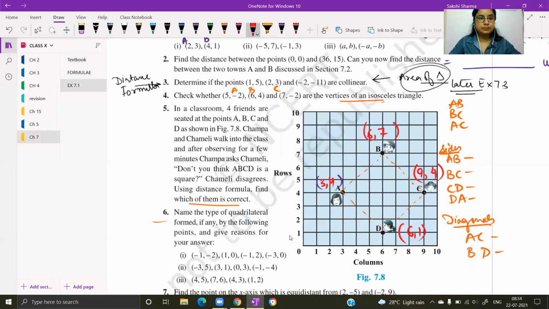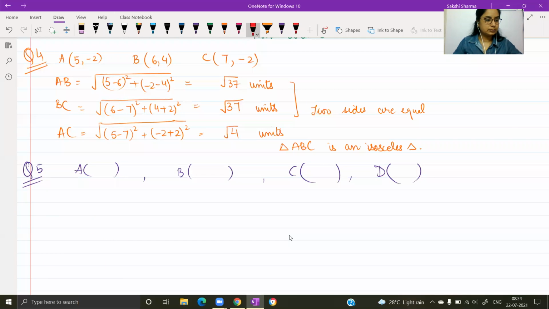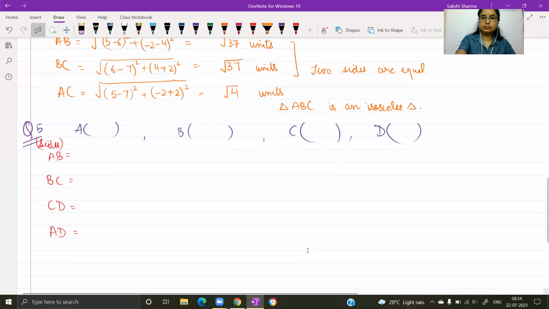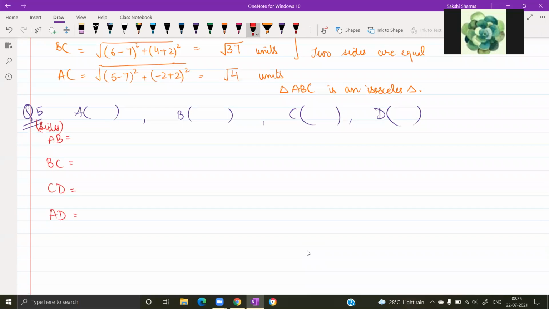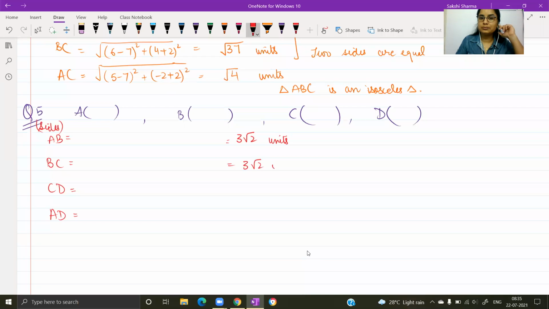Find out the distances. Three root 2. All sides are 3 root 2.